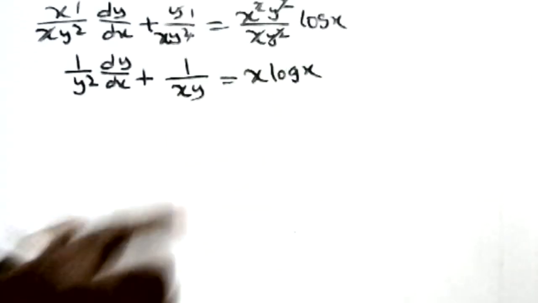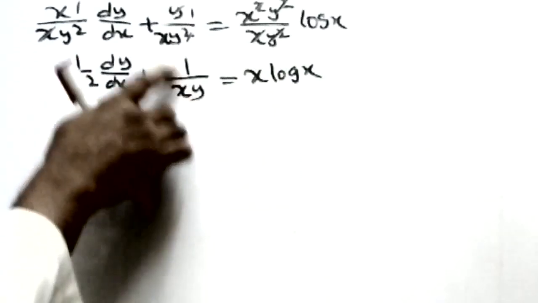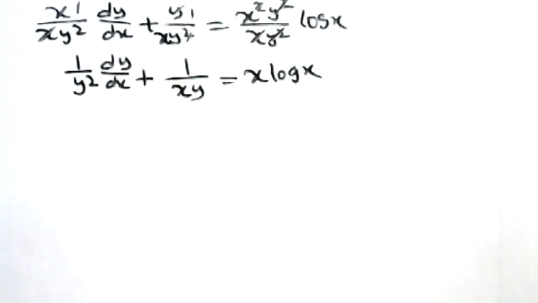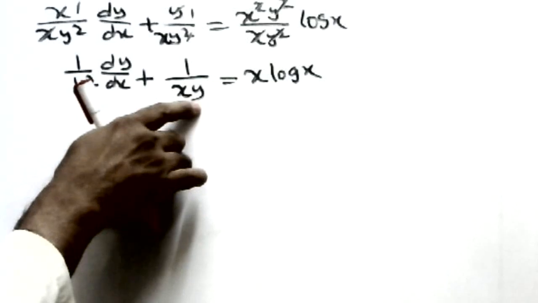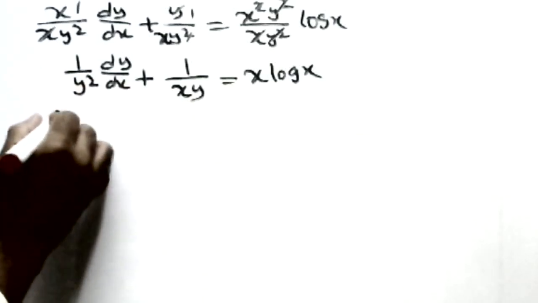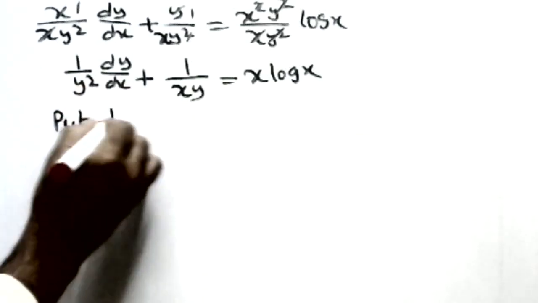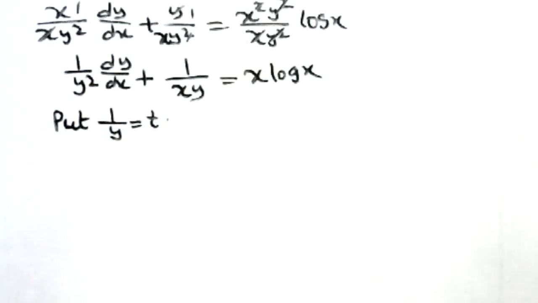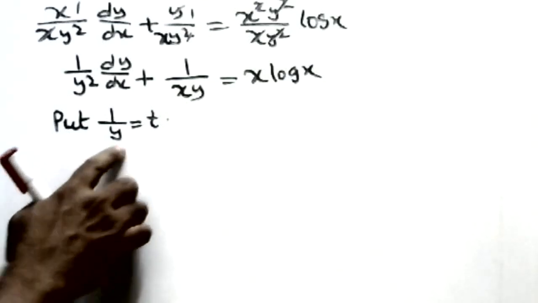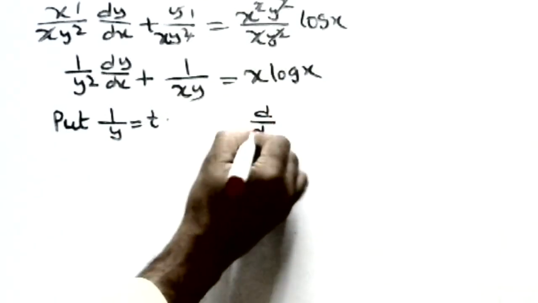So what is the next step? The next step is, whatever we are having y here, we have to suppose something else. Put 1 by y equals to t. Let me differentiate this one.